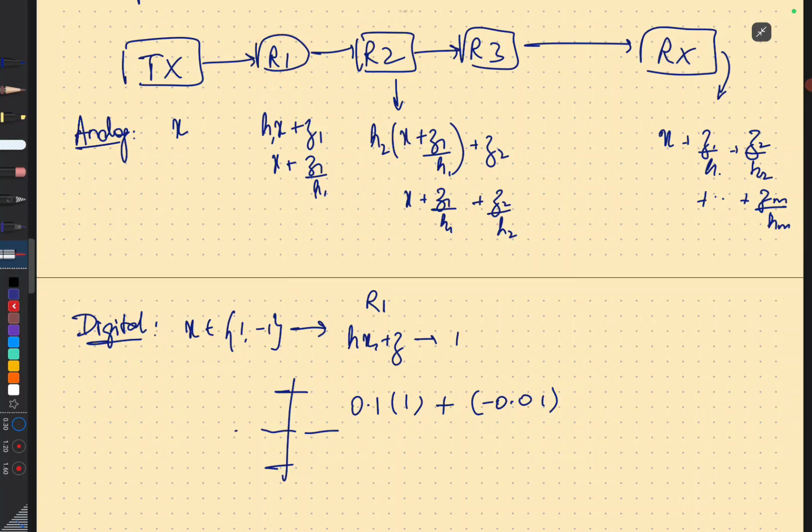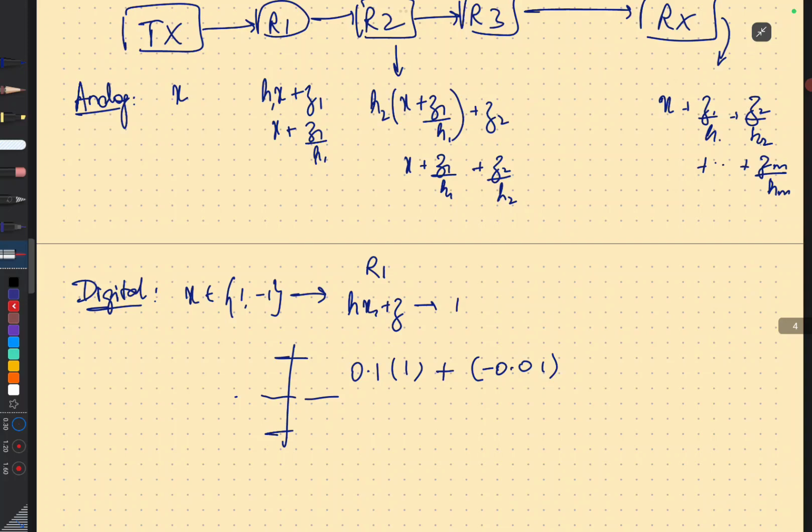And the more repeaters you put in, you can do some rough calculations. It's not a perfect system. So unless you know that the noise level introduced at each stage is going to be very, very small, you can never really get rid of it. All right? But again, we'll use a completely different approach.